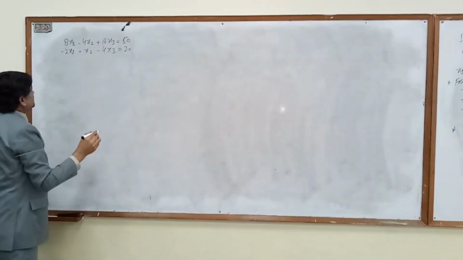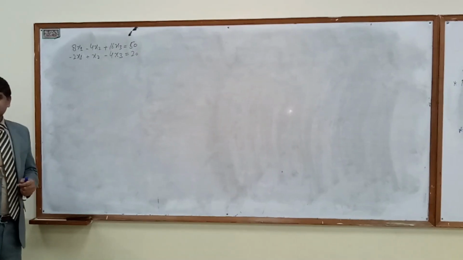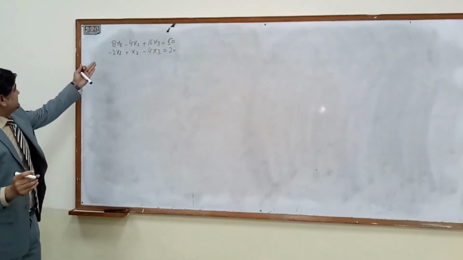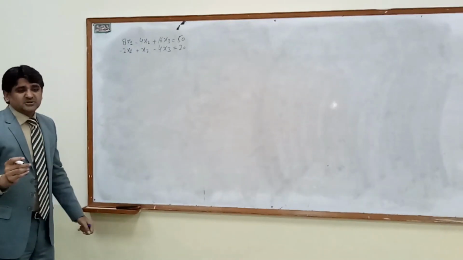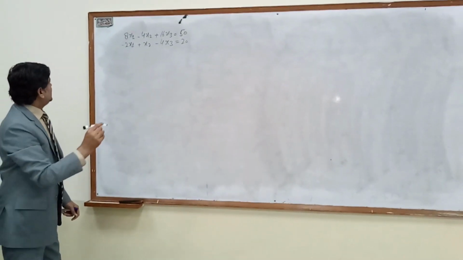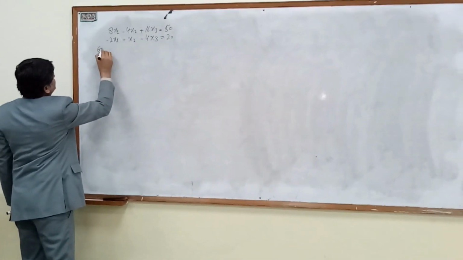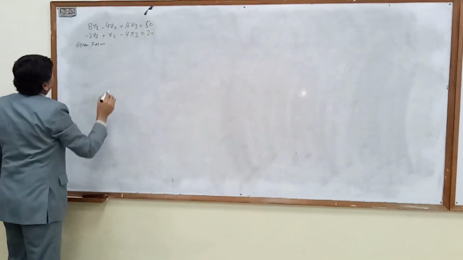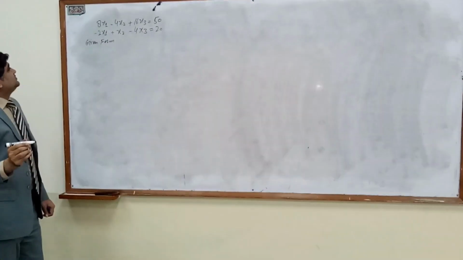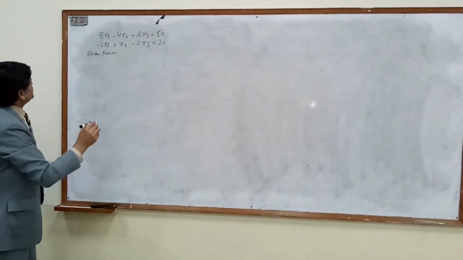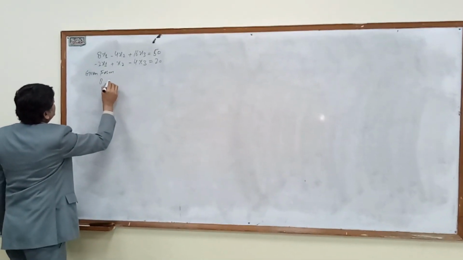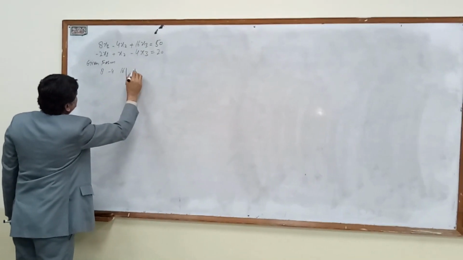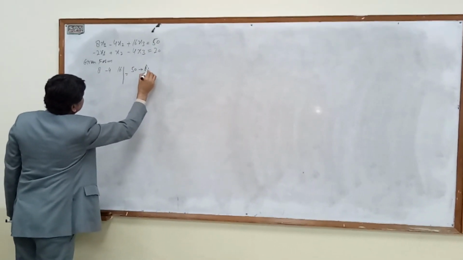As you know the approach of the Gaussian method, first of all we will convert the question into the given form, then we have the required form. What is the given form? We simply convert the question into coefficient and constant form. The coefficients are 8, minus 4, 16, equal to 50; it's R1.